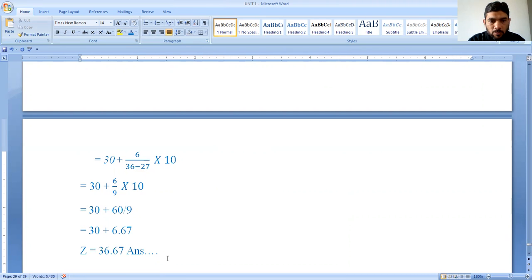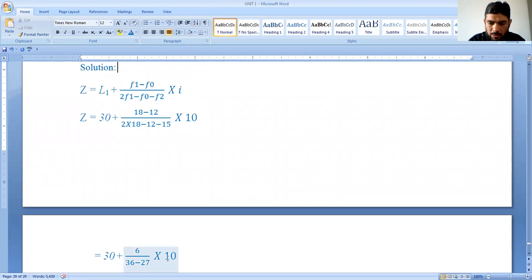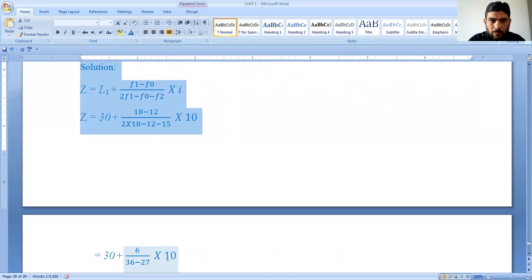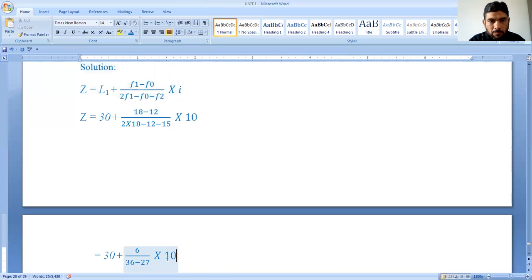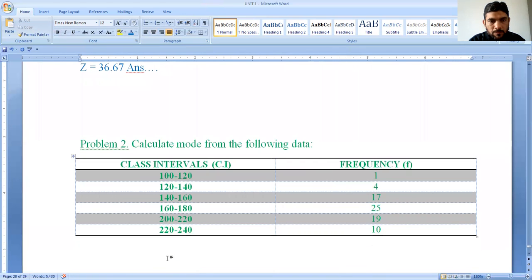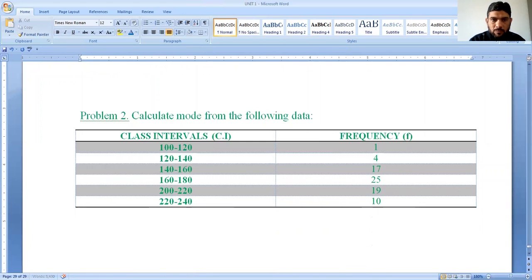We have one more question based on the same formula with the same topic. Calculate mode from the following data. Class intervals are 100 to 120, 120 to 140, 140 to 160, 160 to 180, 180 to 200, 200 to 220, 220 to 240, 240 is the last one.